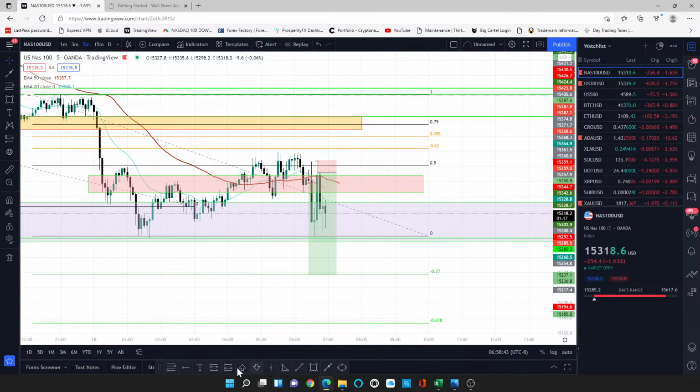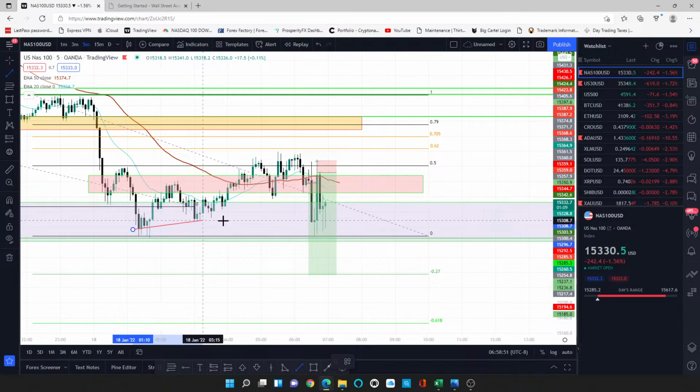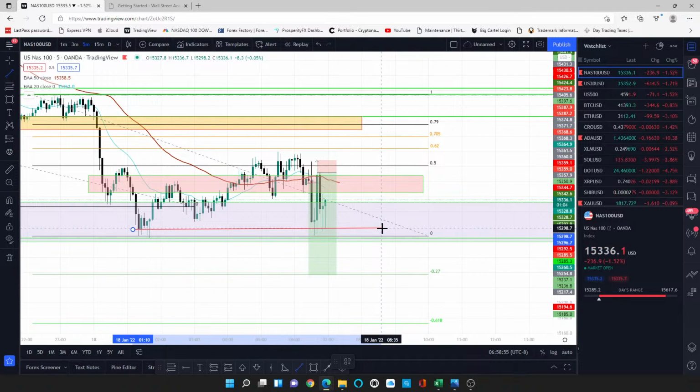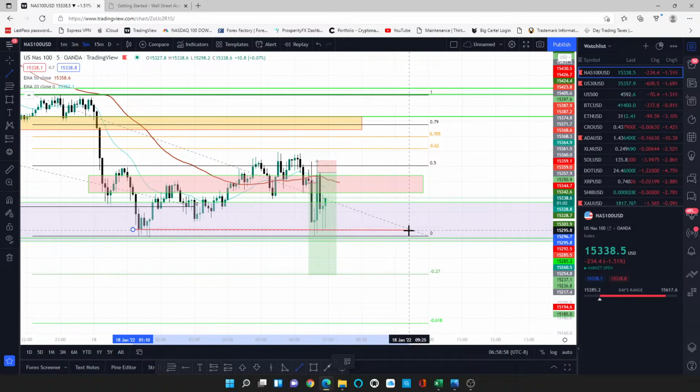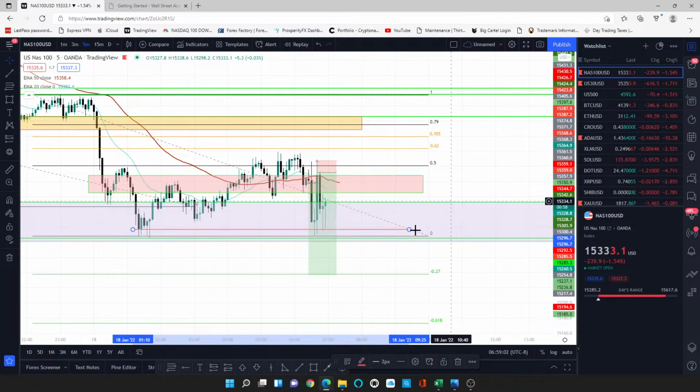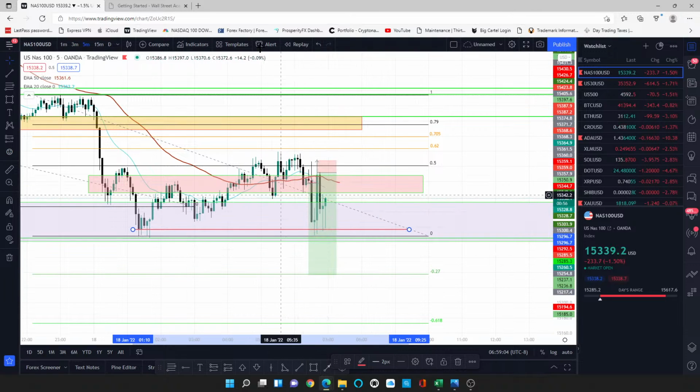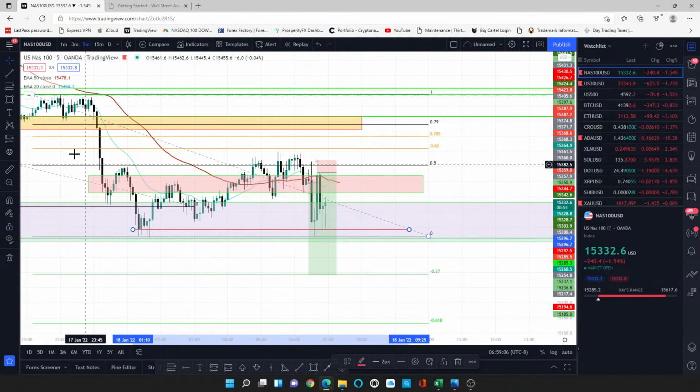Price is telling you exactly what it needs to tell you. What is that? That is just a strong support level, right? Strong support level, rejecting to the upside, flagging out the last 55 seconds.